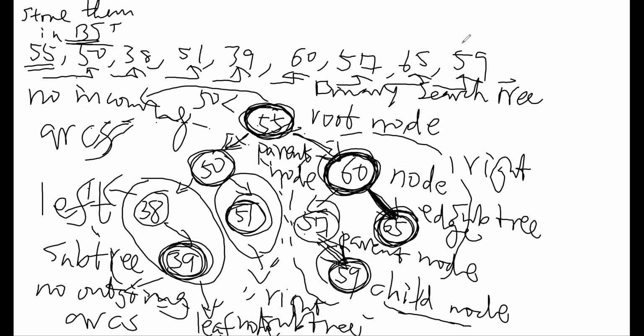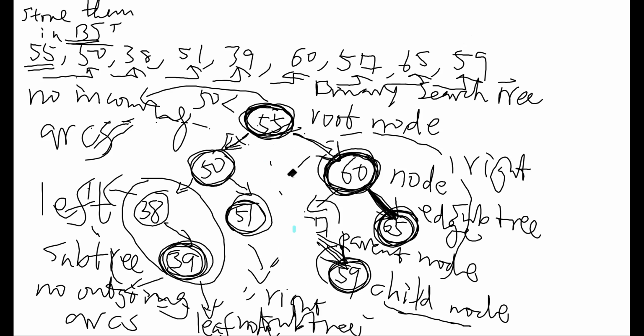I'm not sure if you see any patterns regarding the left subtree and the right subtree versus node 55. I'm not sure if you see any features here.